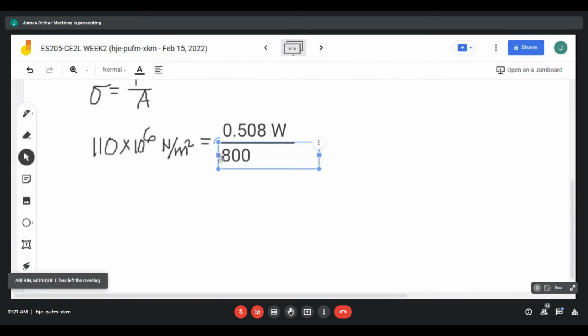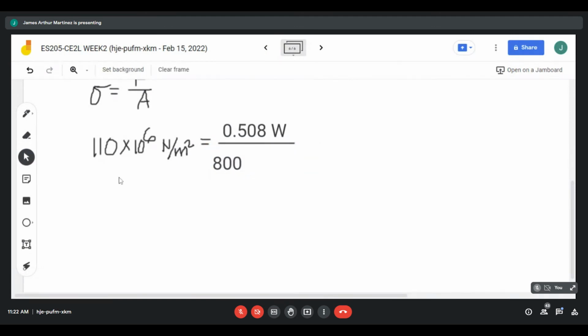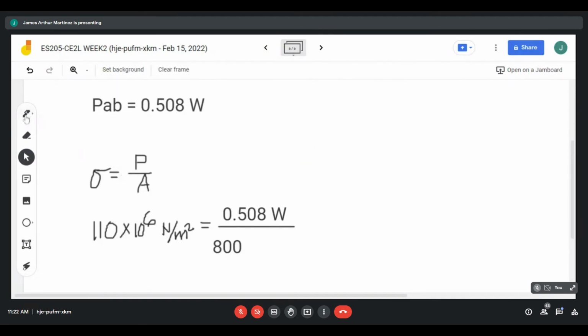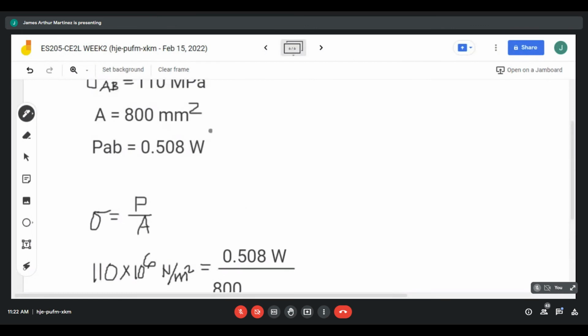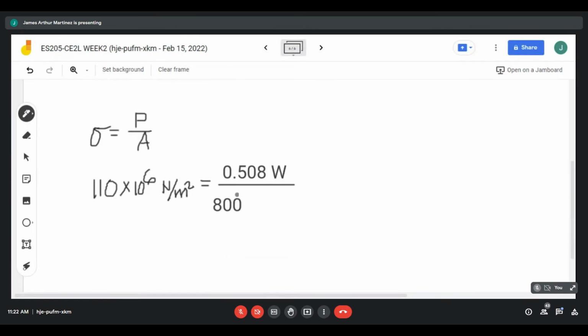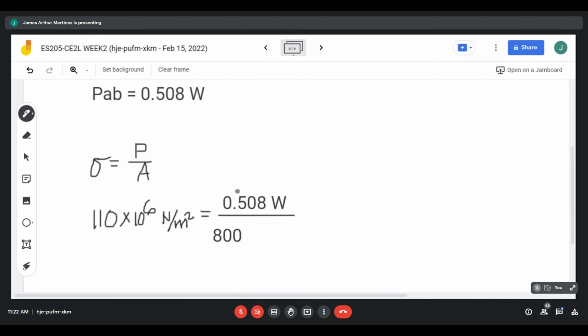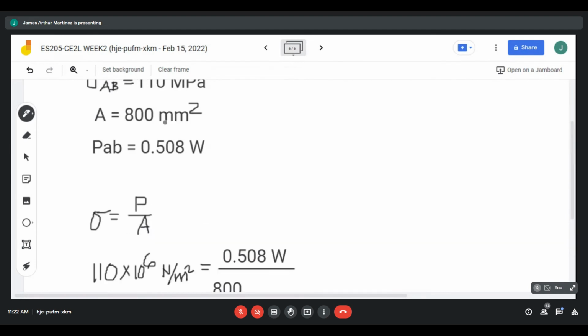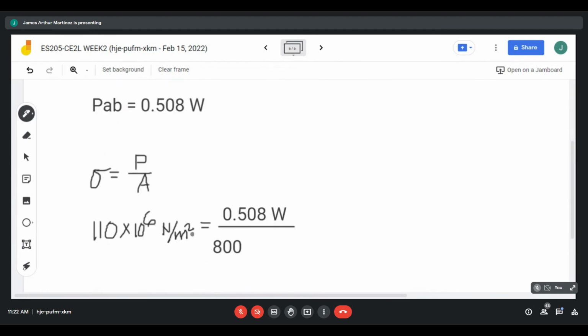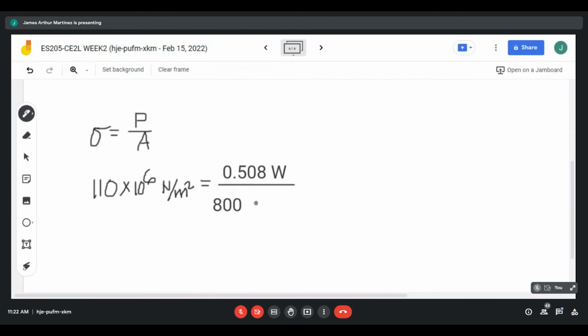So take note that our stress is in terms of newton per meter squared. So our area should also be in terms of meter squared, since they are not compatible, or they will cause an error in your calculation if you use millimeter squared while your stress is in pascal.